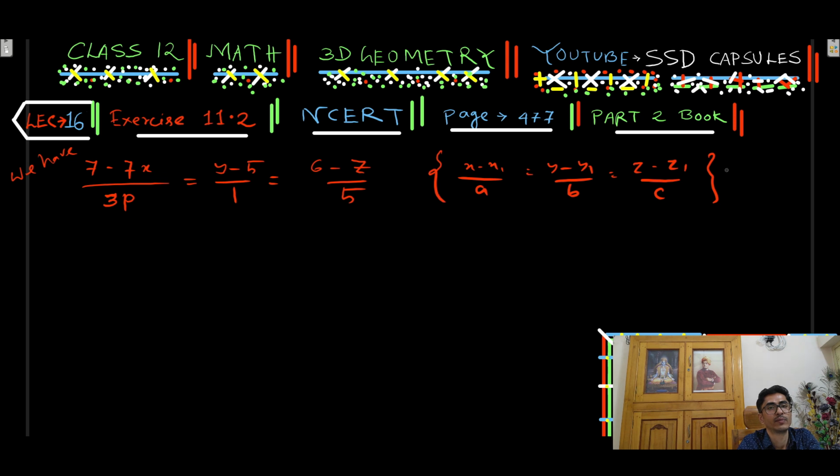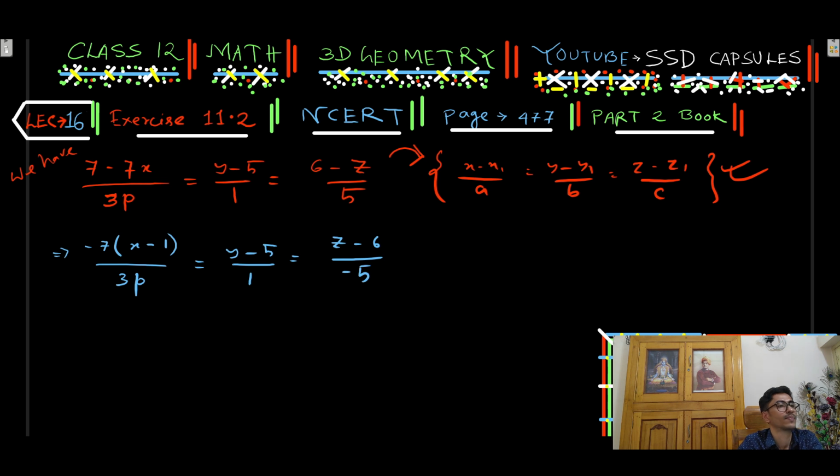So taking minus 7 common: x minus 1 by 3p by minus 7, y minus 5 by 1, and z minus 6 by minus 5.